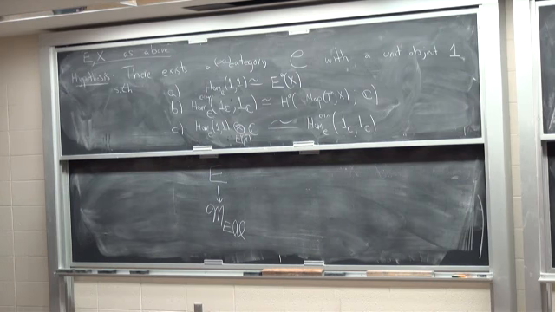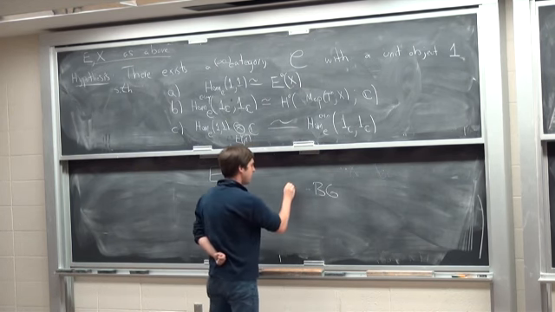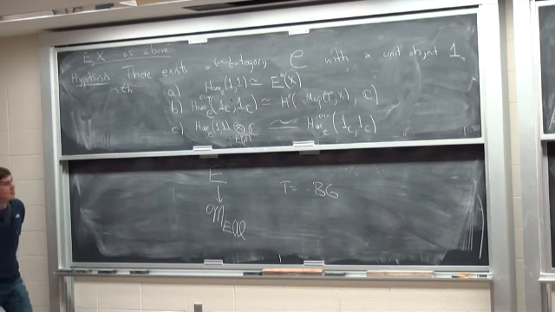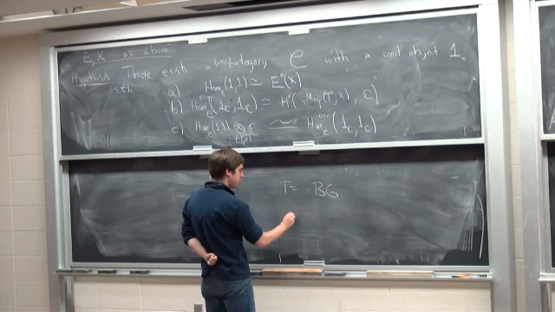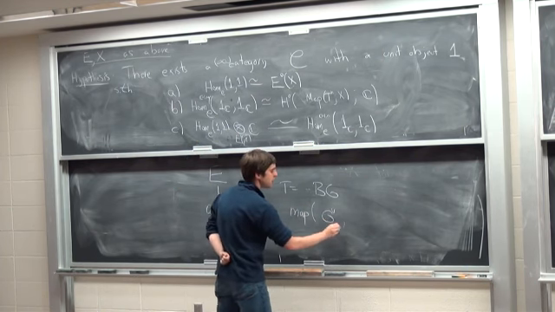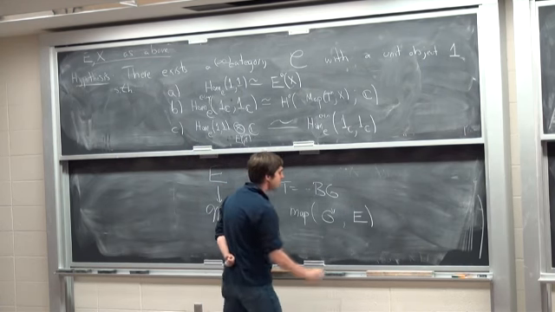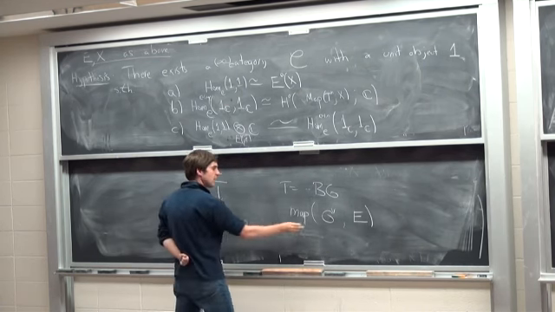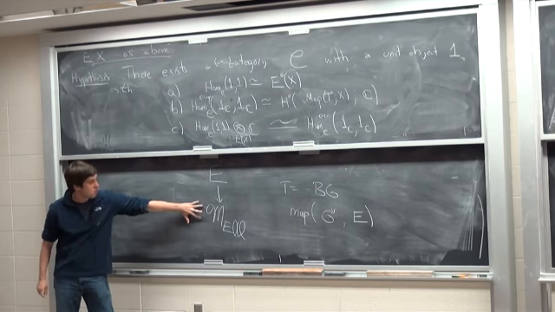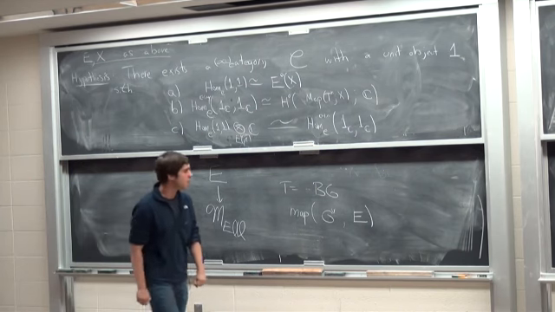And what you can do, if you have the classifying space of a finite group G, is consider the thing that classifies maps from the Pontryagin dual of G into this elliptic curve. So that's a finite flat group scheme over the moduli stack of elliptic curves, or a finite flat map to the moduli stack of elliptic curves.